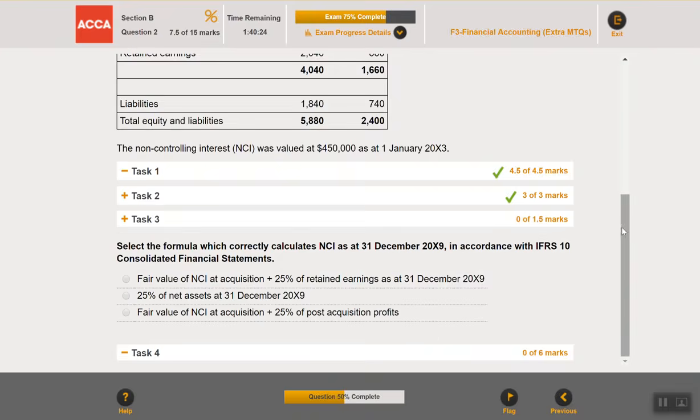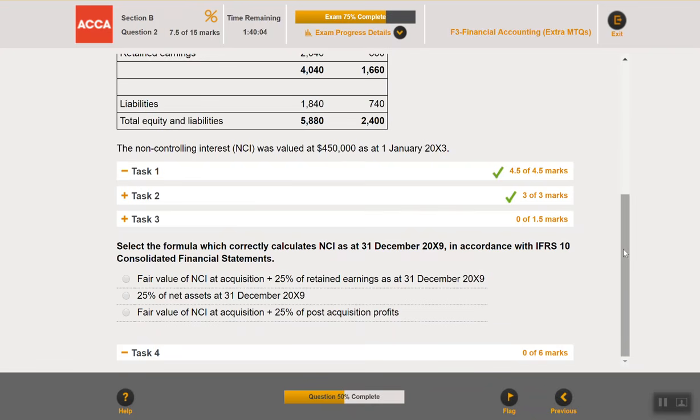Next, select the formula which correctly calculates NCI as at 31st December 2019 in accordance with IFRS 10 consolidated financial statements. Fair value of NCI at acquisition plus 25% of retained earnings as at 31st December.